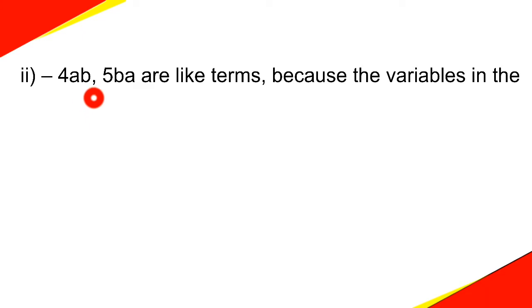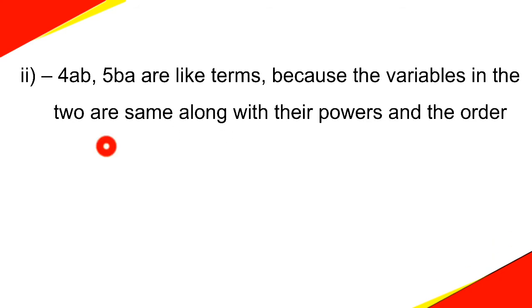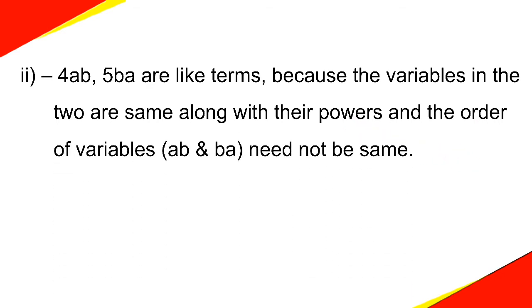Yes, that is ab and ba. So we can say minus 4ab, 5ba are like terms because the variables in the two are the same along with their powers, and the order of the variables ab and ba need not be the same because of the commutative property, ab is equal to ba.